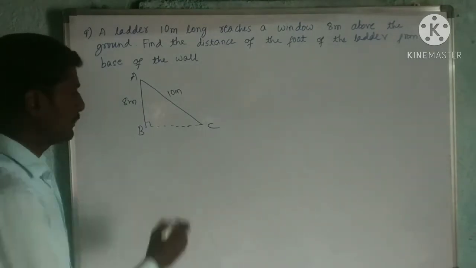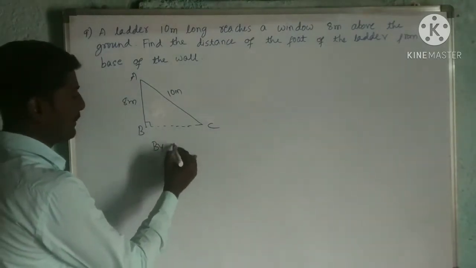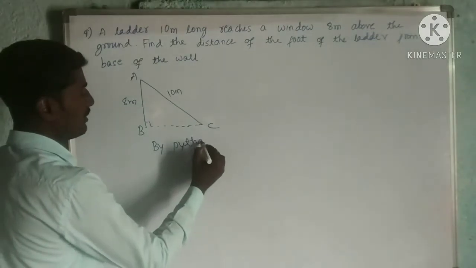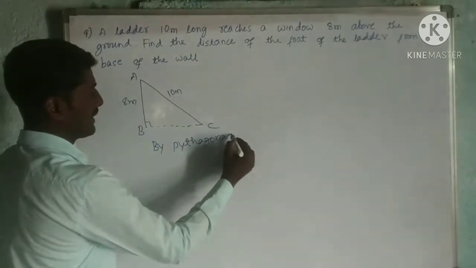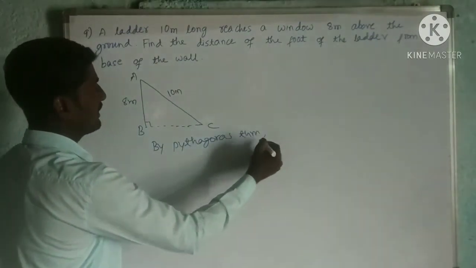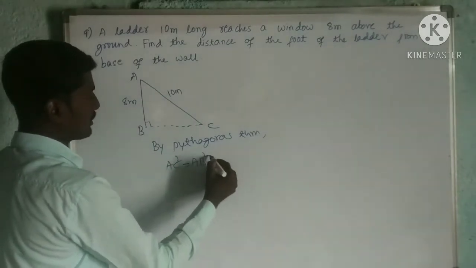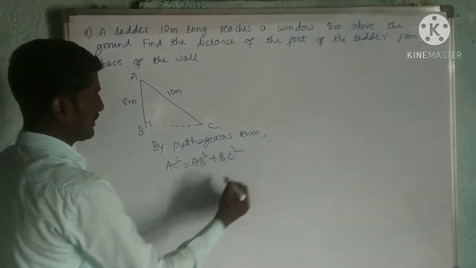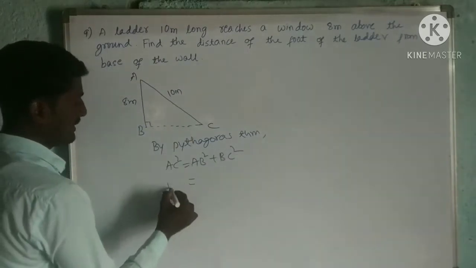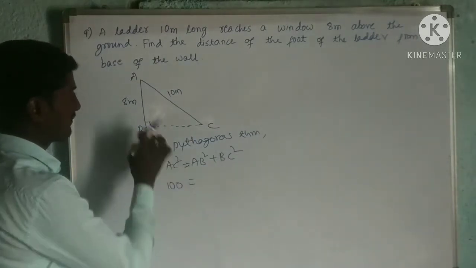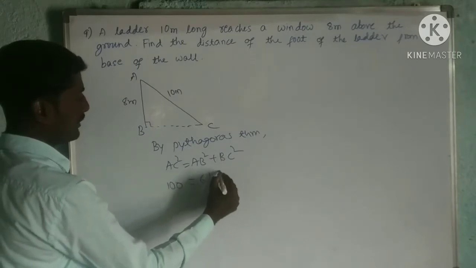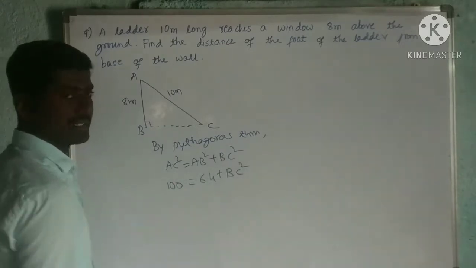We can apply Pythagoras theorem. By Pythagoras theorem, what I can write here? AC square is equal to AB square plus BC square. Now AC square, that is 100, 10 square it is. AB square 64, BC square I have to get.